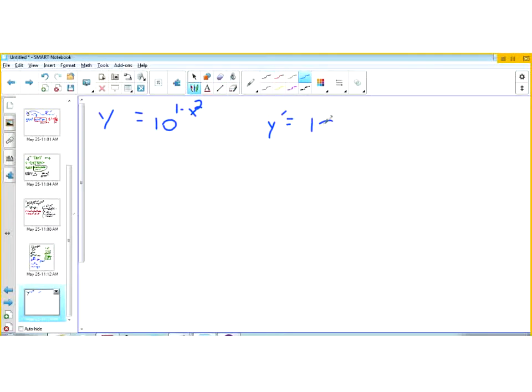So in this case, it'll be the function itself times the derivative with respect to x of the exponent times the natural log of the base.